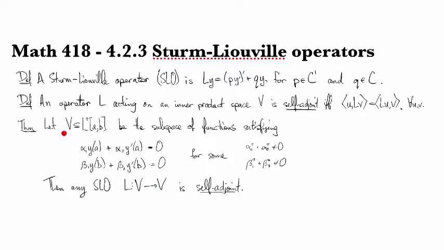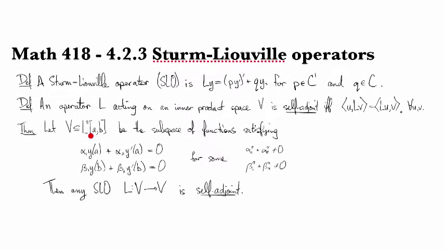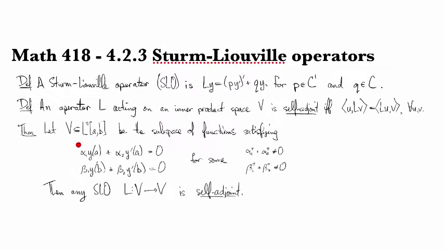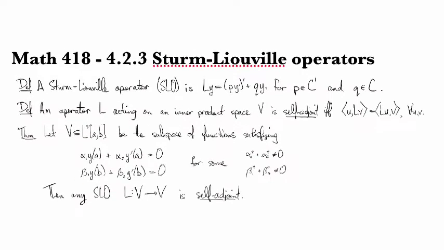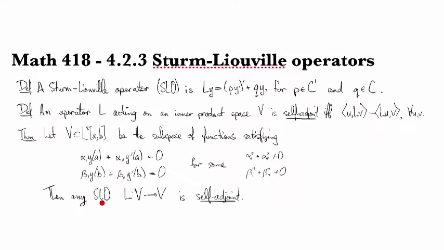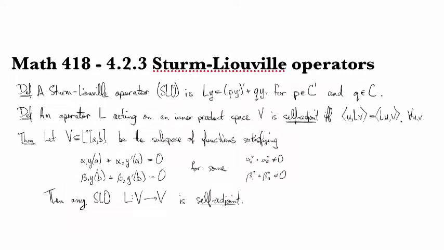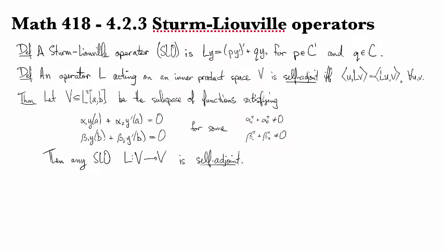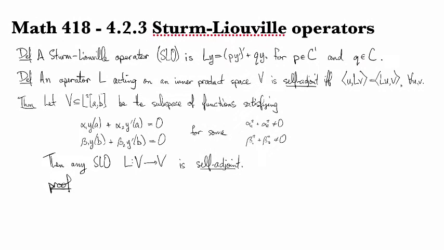So let's consider the subspace of L2 of an interval that is comprised of functions satisfying these boundary conditions. Then any Sturm-Liouville operator acting on this subspace is going to be self-adjoint. Let's take a look at the proof for why this is true.